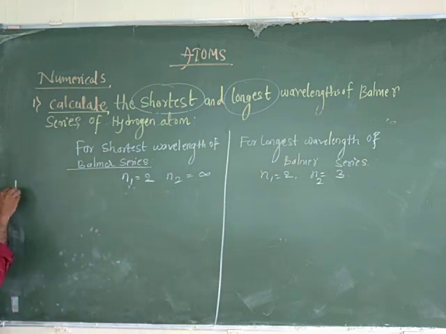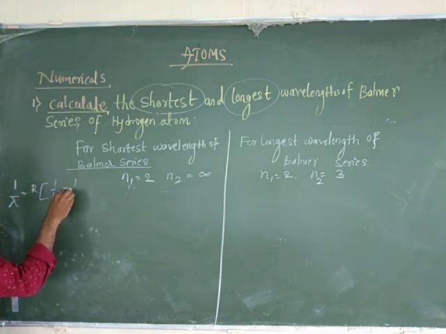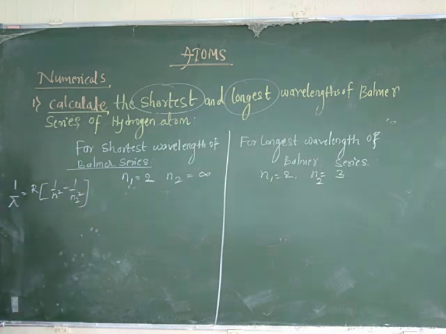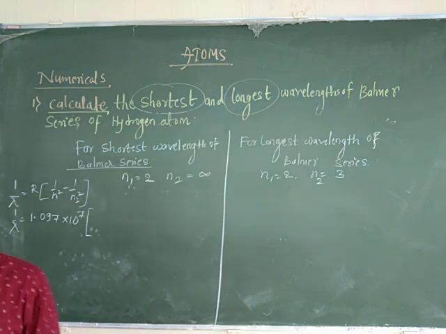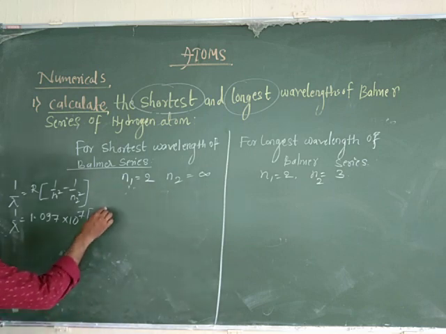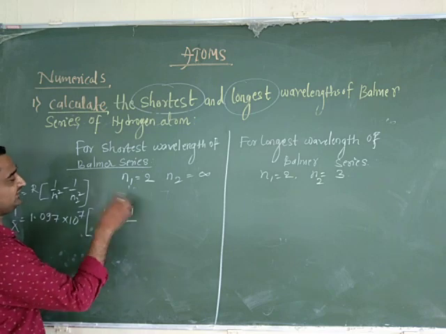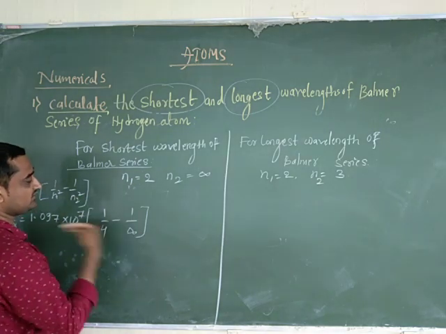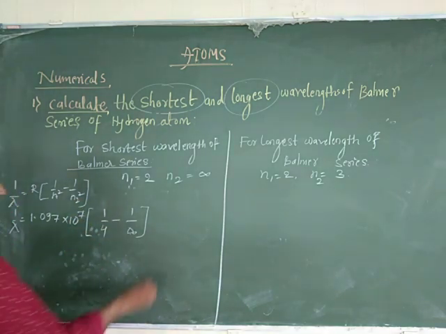Therefore, 1 divided by lambda is equal to R into 1 divided by N1 square minus 1 divided by N2 square. So 1 divided by lambda is equal to R, whose value is 1.097 into 10 to the power 7, into 1 divided by N1 square, that is 1 divided by 2 square, which is 4, minus 1 divided by infinity square. 1 divided by infinity is 0.